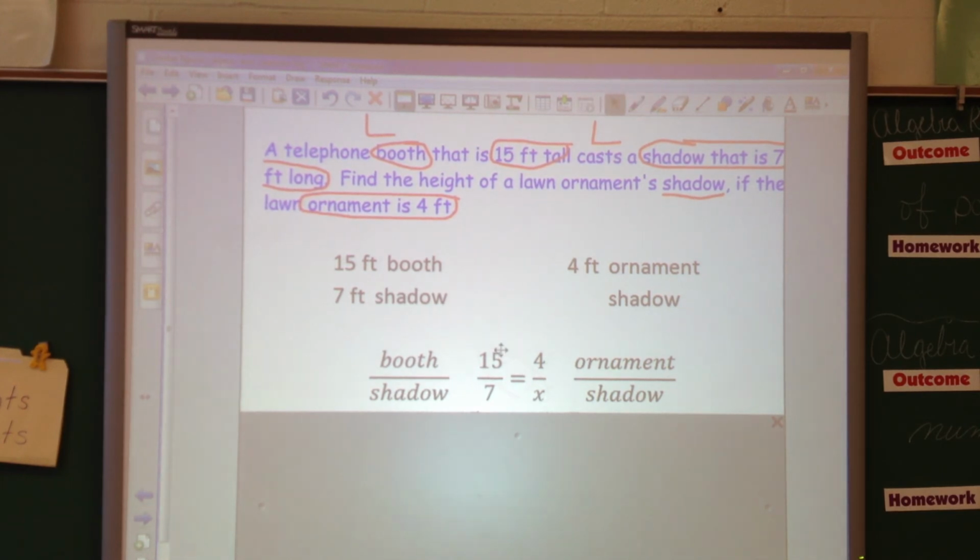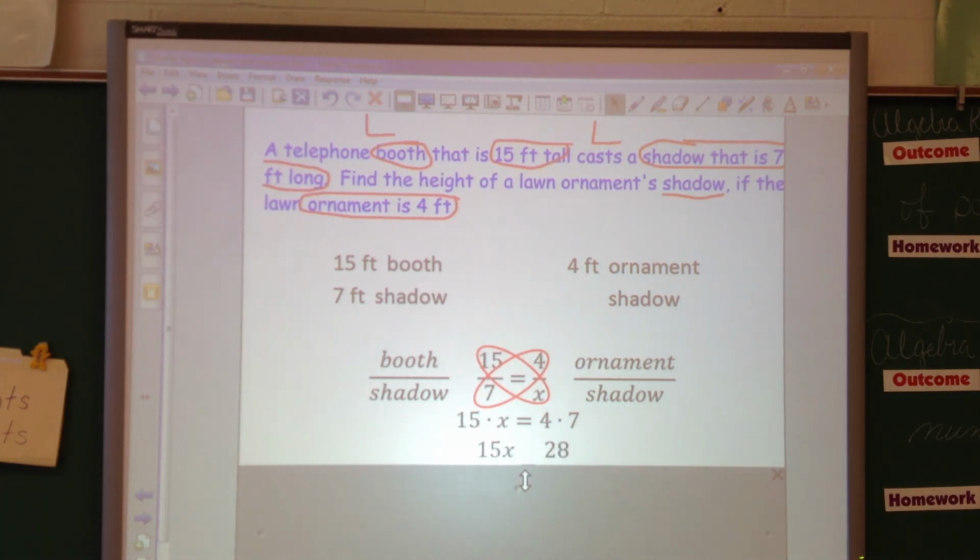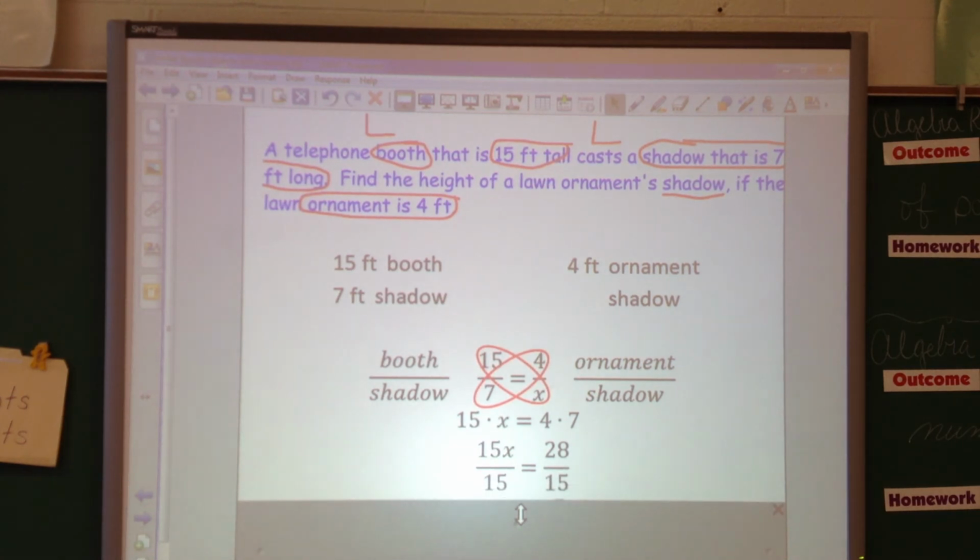Again, I'm going to do my extremes times my extremes, my means times my means. 15 times x equals 7 times 4. 15 times x is 15x. 4 times 7 is 28. I'm going to divide both sides by 15 and put it in the calculator. It's not a pretty number.